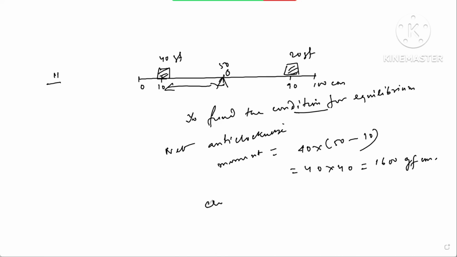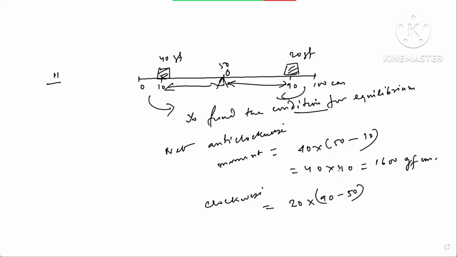Now what will be the clockwise moment? This is the anti-clockwise moment and this is the clockwise. So clockwise moment equals the weight, 20, multiplied by this distance. What is the distance? 90 minus 50.